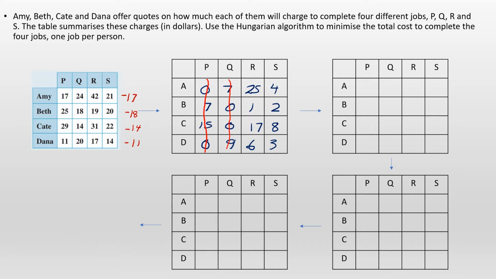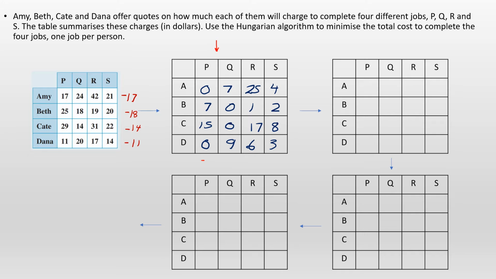So step 3, we perform a column reduction. I'm just going to remove those lines so they don't get in our way too much. All right, so looking at this second table now, we're going to perform a column reduction. In the first column, the smallest number is 0.